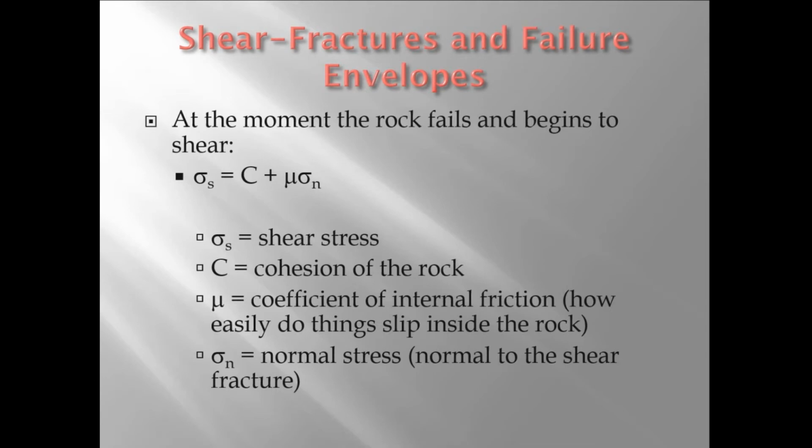Sometimes a rock will fracture very easily between the crystals, sometimes it doesn't. And then sigma n is the normal stress. Hopefully I don't have to say this, but just as a reminder, normal here doesn't mean common. Normal is perpendicular. So whenever I'm using normal, it's the perpendicular stress.